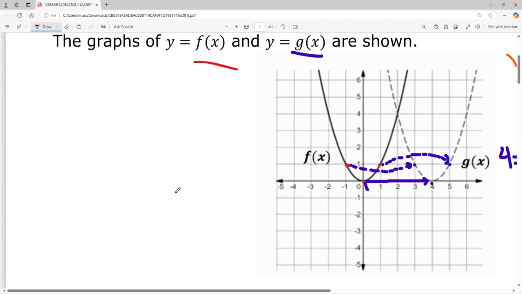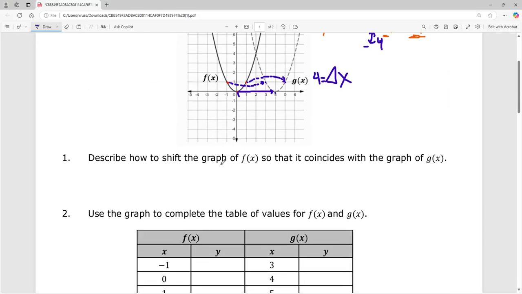So let's answer some of the questions below. Describe how this thing shifts. We have to say 4 is added to each x value.